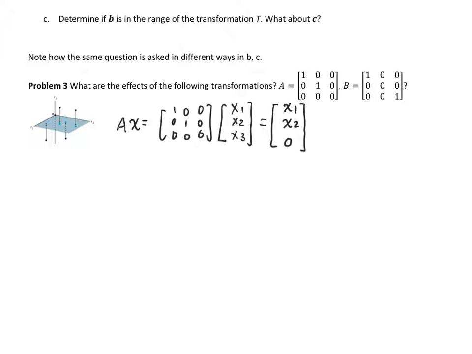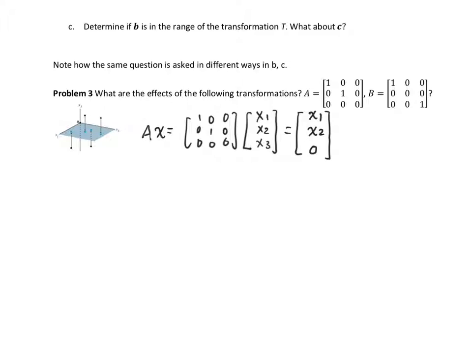Now, this is a 3 by 3 matrix, and this is a vector from R3. It maps this vector into, the result is to keep x1, x2, but ignore the x3. Geometrically speaking, this is what's happening.